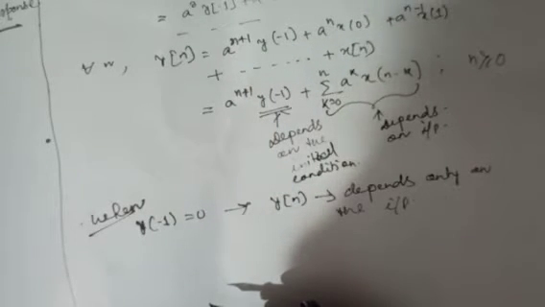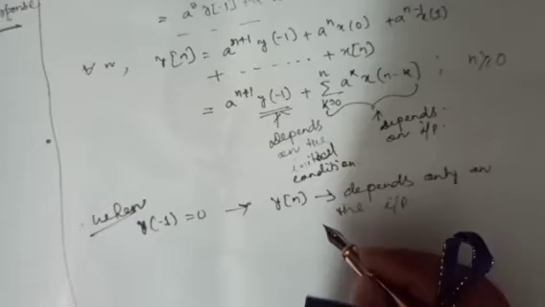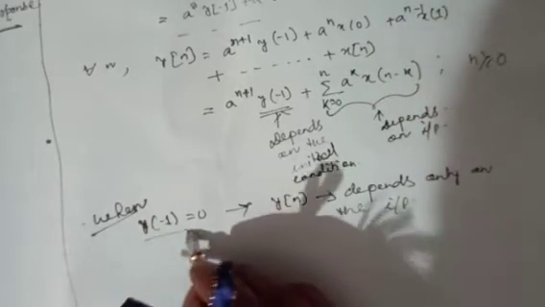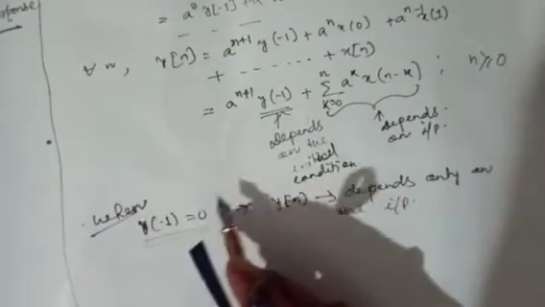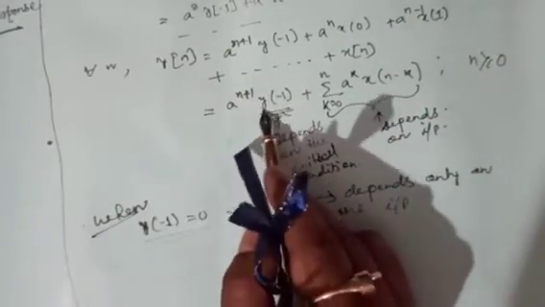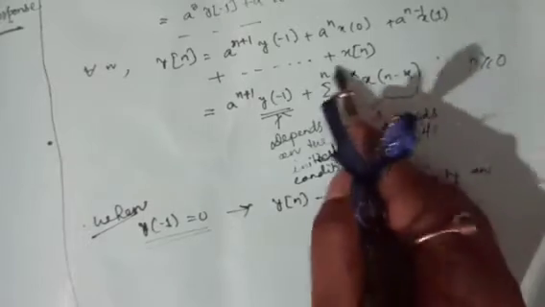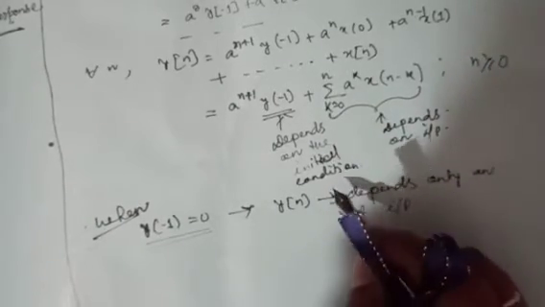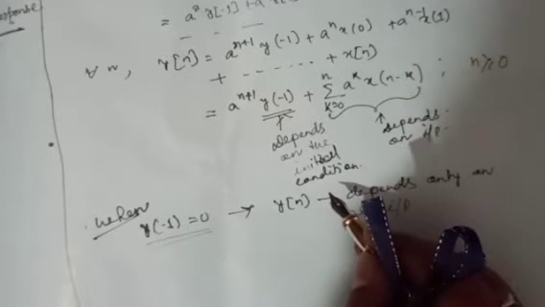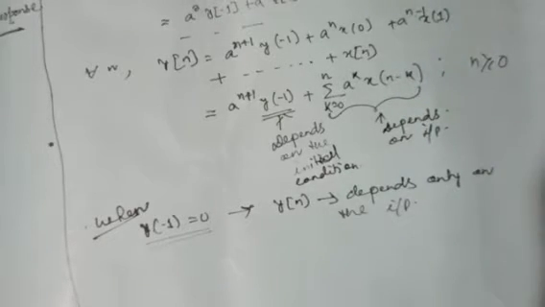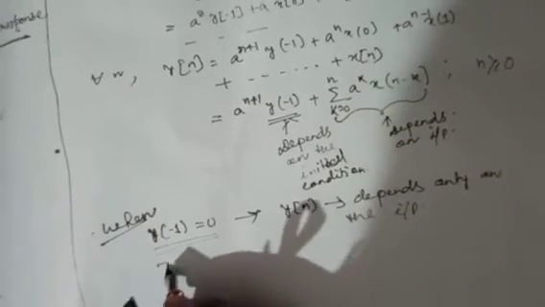Whatever be the input applied, hence y of n is known as the zero state response. So if y of minus 1 is 0, y of n will be only this part, and that part is the zero state response of the system.